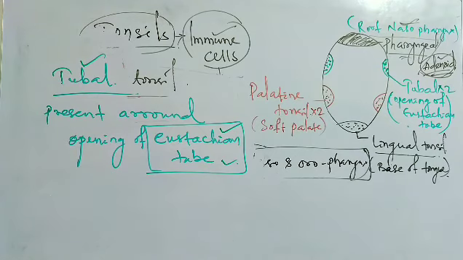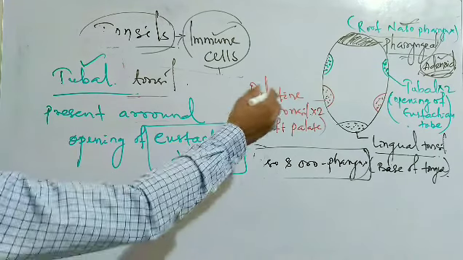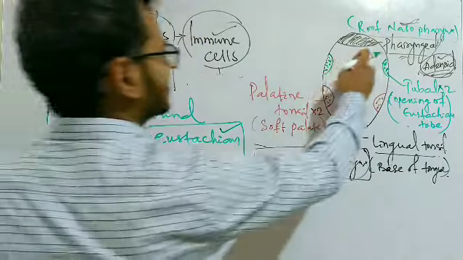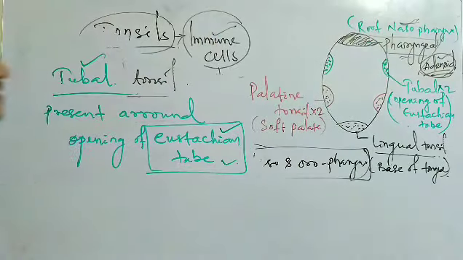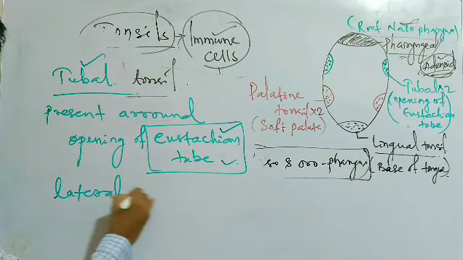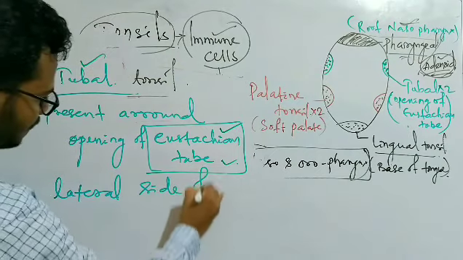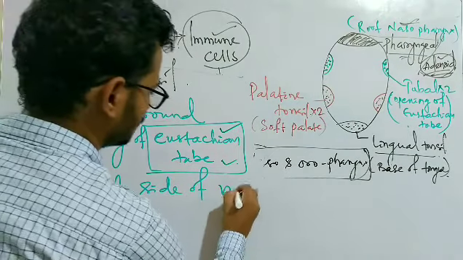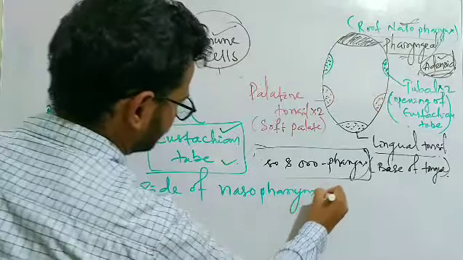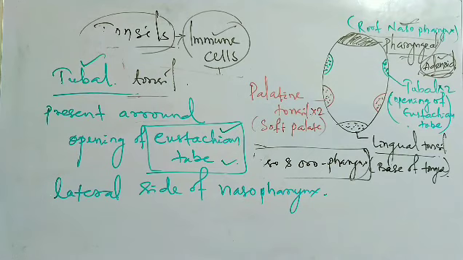They are present in the lateral wall of the nasopharynx. In the nasopharynx, they are present laterally because at the roof there is the pharyngeal tonsil. So they are present on the lateral side of the nasopharynx, and they form the lateral aspect of Waldeyer's ring.